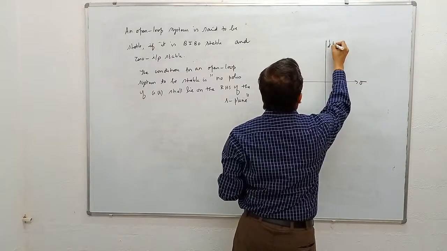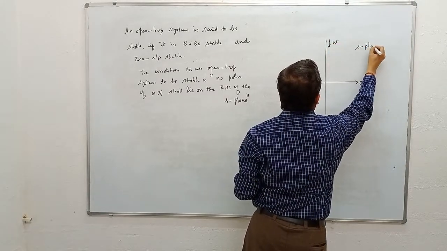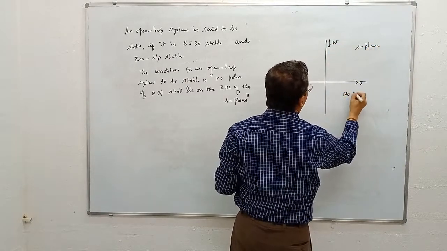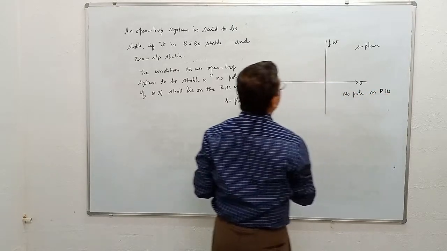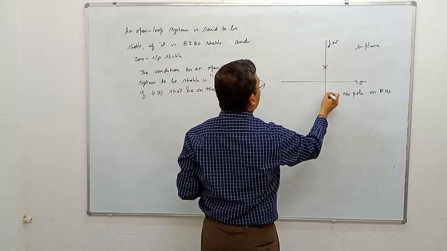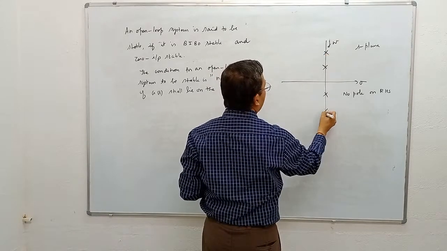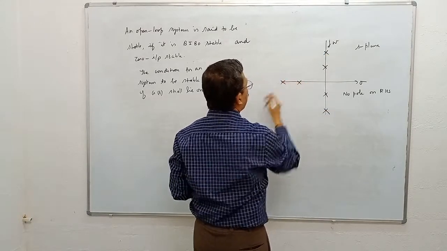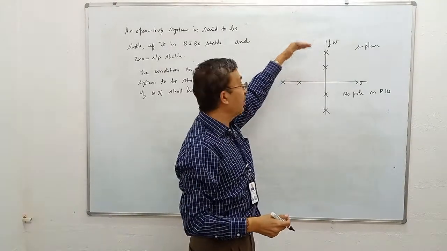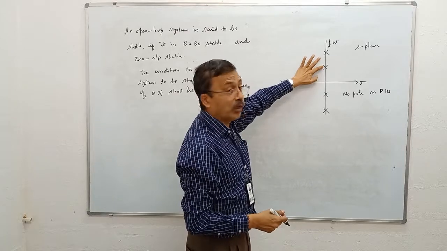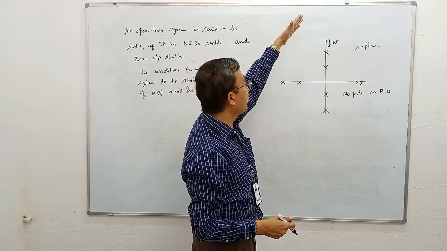Now let me tell you the condition for marginal stability. No pole on RHS, right hand side. Few poles lie on the J omega axis non-repeatedly, meaning one pole at one location on the J omega axis.